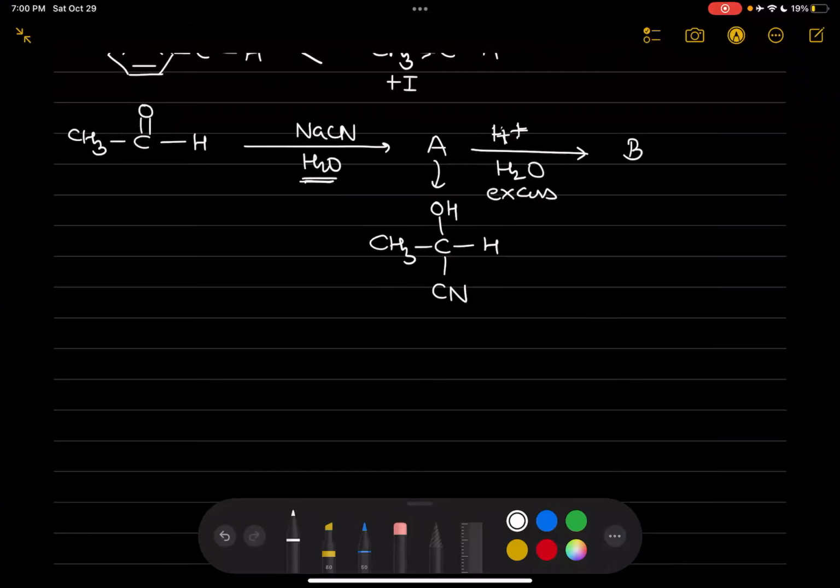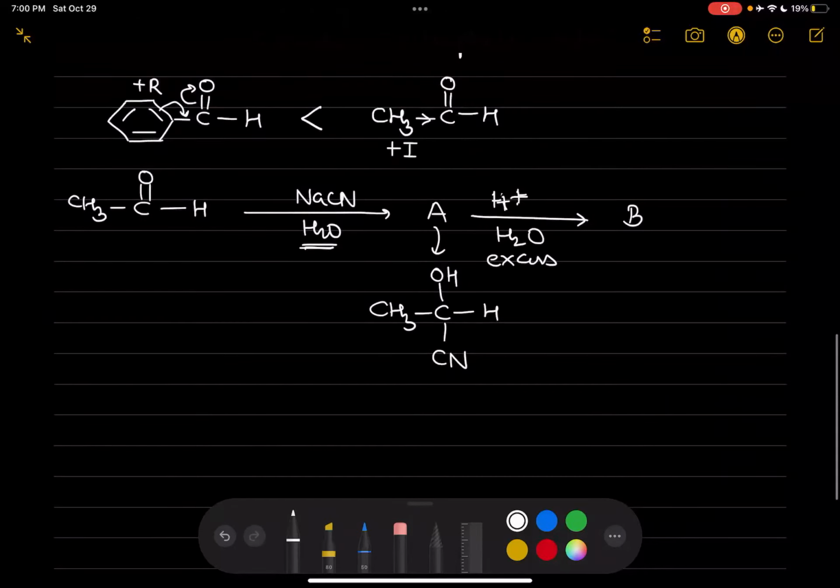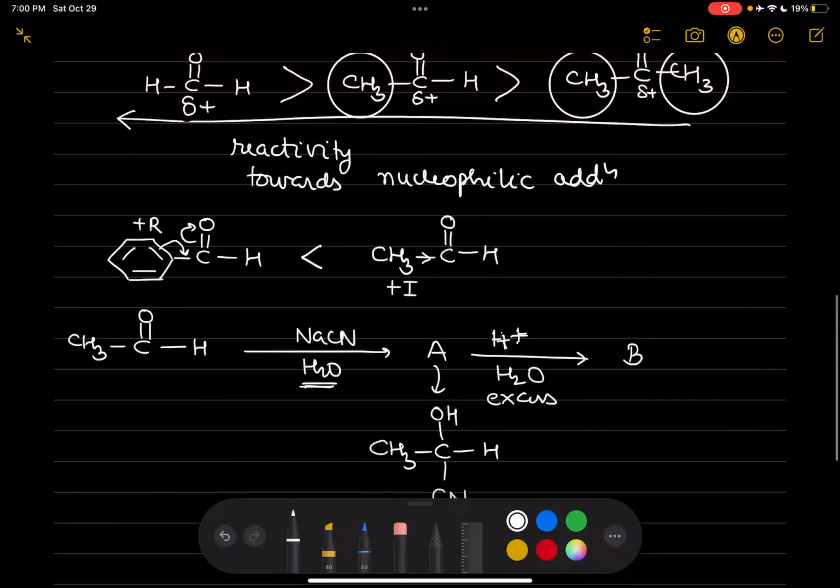And what about your B? So it will form, I think, ketone. Actually, this CN group is a new reaction used for the preparation of carboxylic acid. Just remember it this way: the CN group gets hydrolyzed in excess of water.